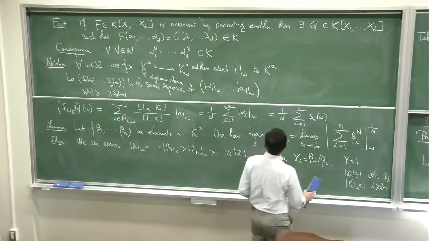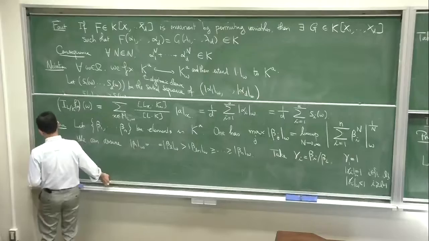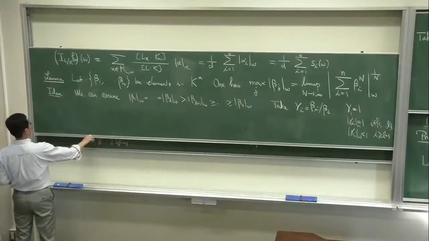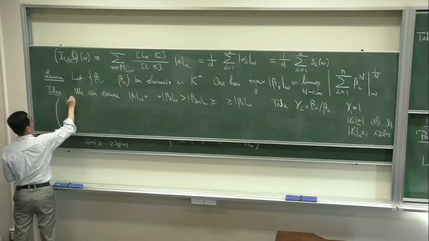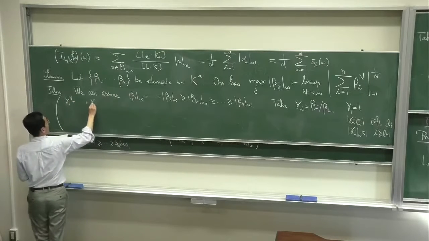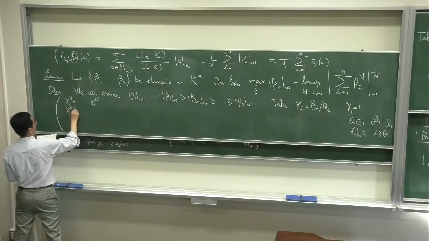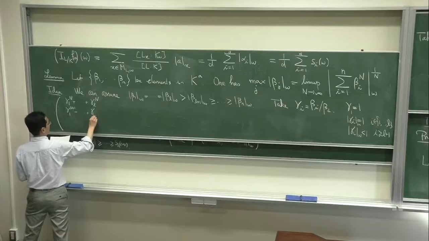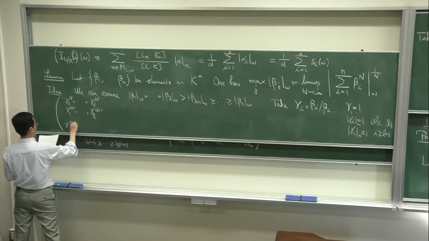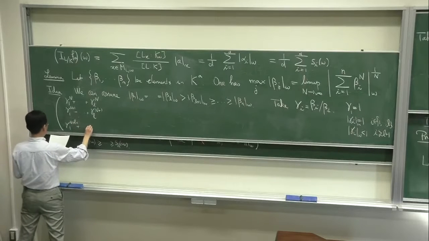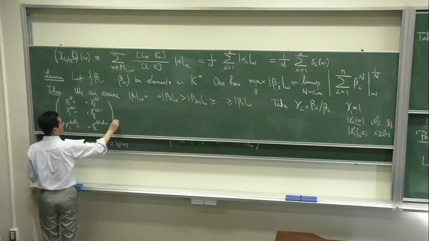So the important technique is to consider this identity. You consider gamma_1^n, ..., gamma_L^n, then gamma_1^{n+1}, ..., gamma_L^{n+1}, etc., up to gamma_1^{n+L-1}, ..., gamma_L^{n+L-1}.